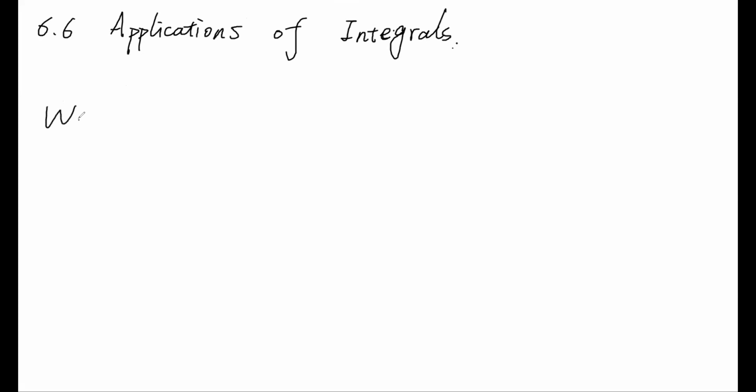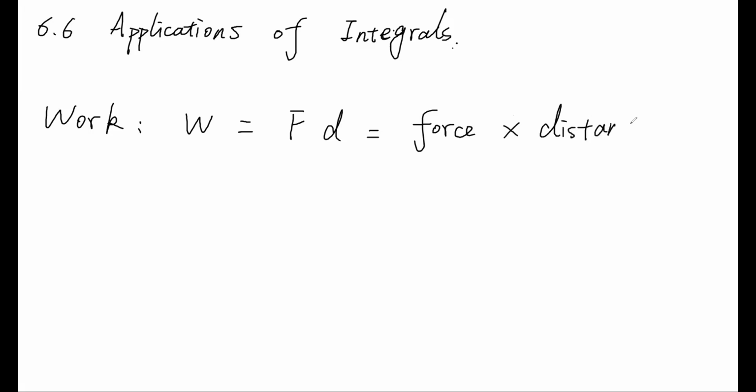So the work in physics is defined by this formula: W is equal to F multiplied by D, where F is a force acts on a certain particle or a certain object, and D is the distance that the object travels under the effect of the force.